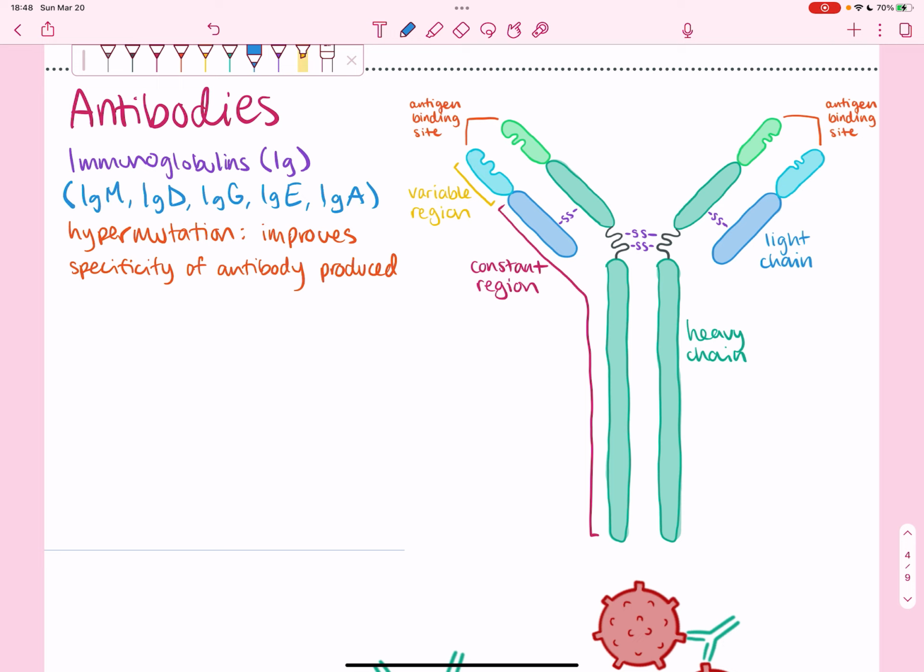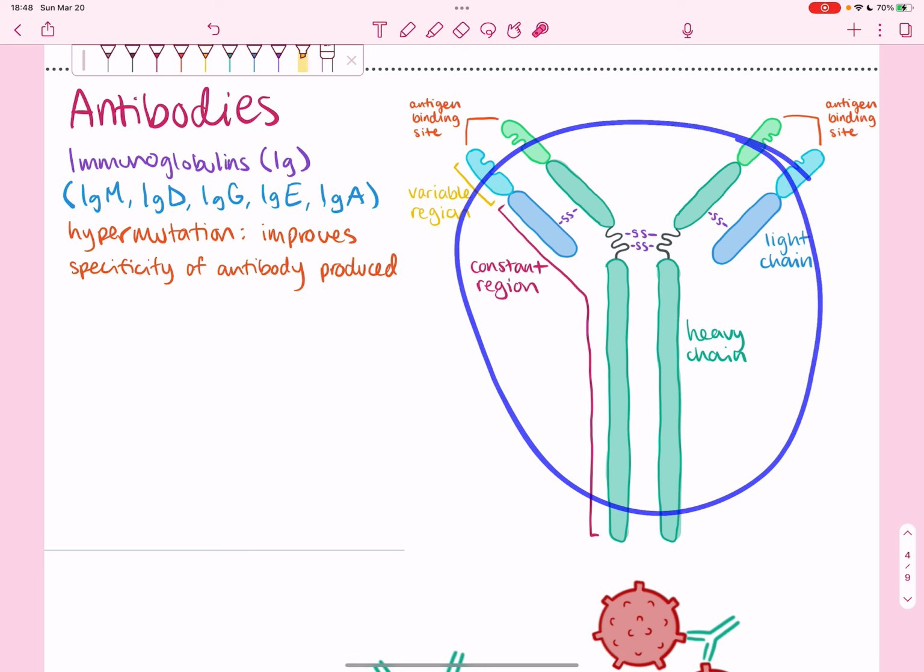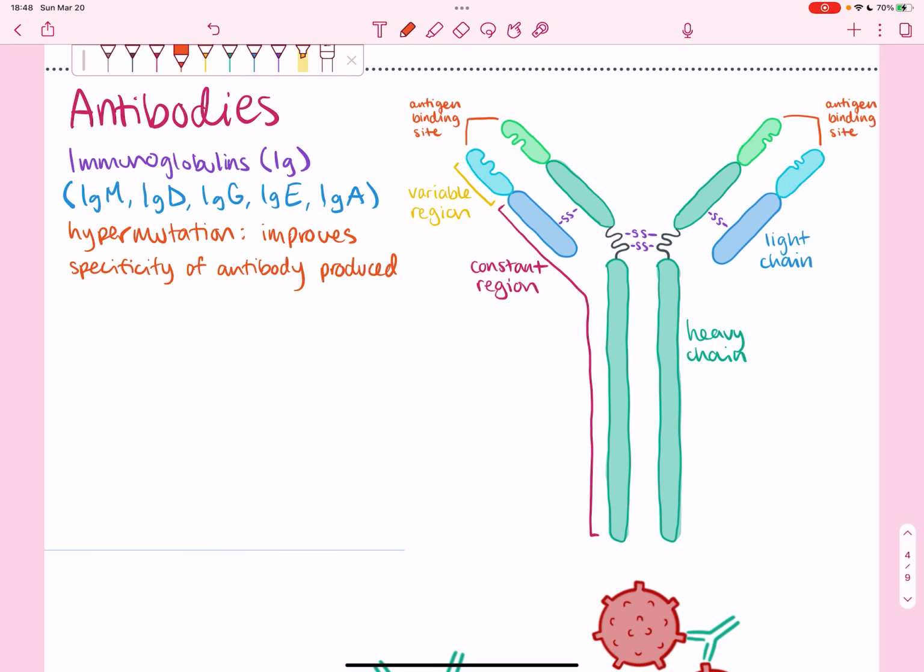And I'll write some little blurbs about what I said earlier when I was talking about all the different parts of the antibody. So with the heavy chain, the constant region, which is over here, constant region.